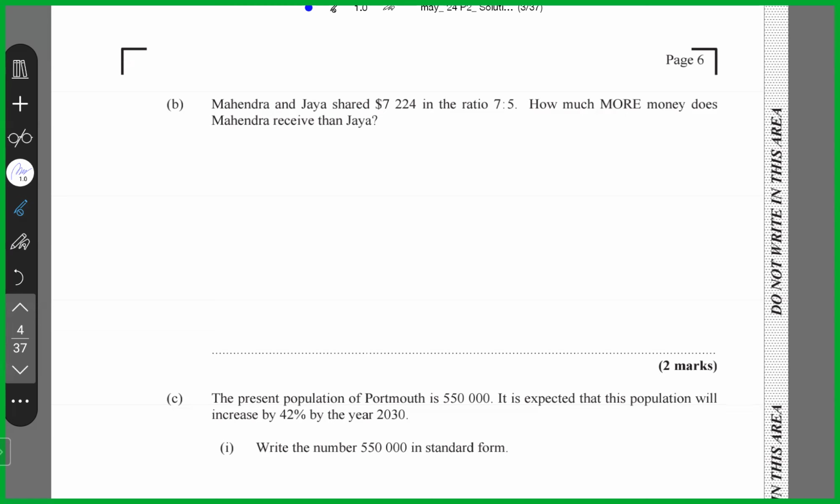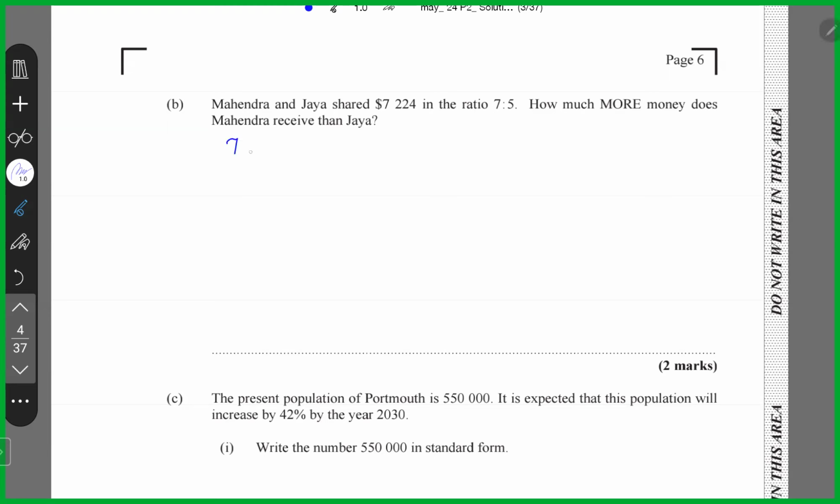Well, I guess the most intuitive thing I can think of doing here is to find the amount of money Mahendra got, the amount of money Jaya got, and then subtract to determine how much more Mahendra got than Jaya. It's not the shortest approach, but it's the most intuitive approach. So let's go with the most intuitive.